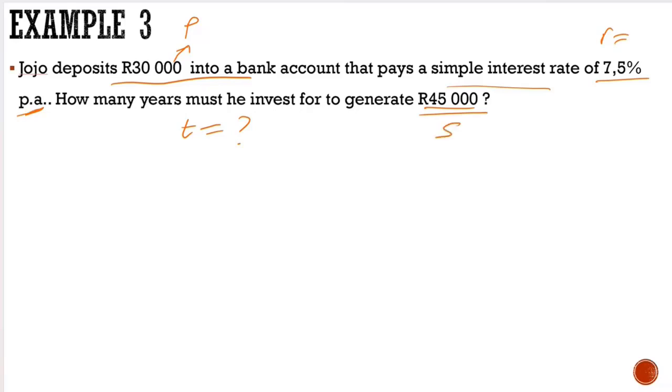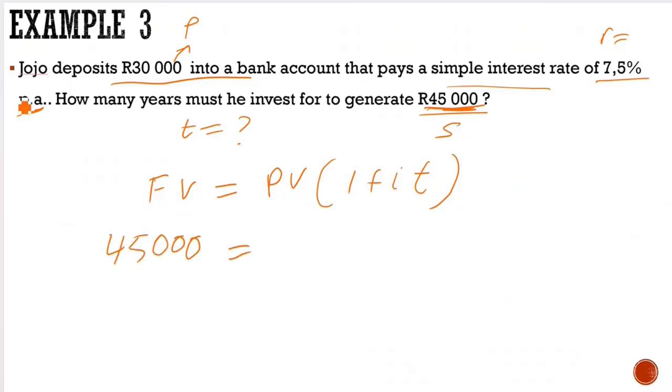Also here, you don't need to convert anything. So all you need to do here is say my future value is equal to present value into 1 plus iT. You are given this one, 45,000. Your present value is 30,000 into 1 plus your interest rate, which is 0,075.